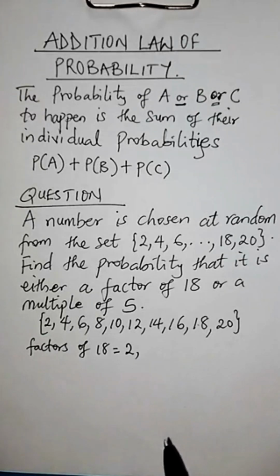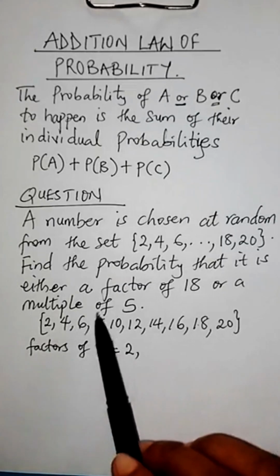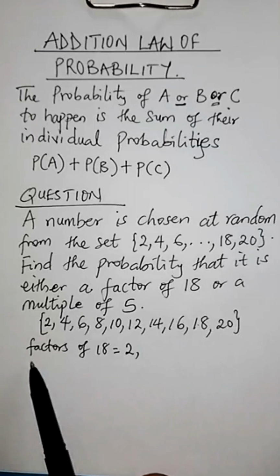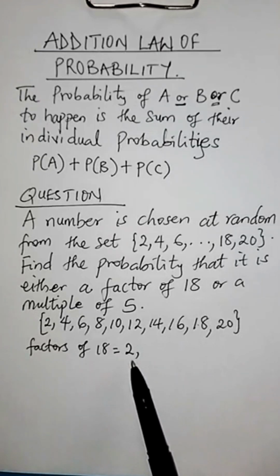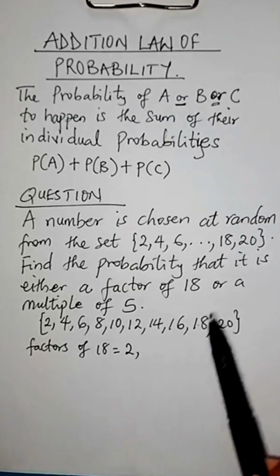For example, 3 is a factor of 18, but I don't need it here because the question says the probability that the number I chose is a factor of 18 from this set of numbers. So the numbers I'm going to write here as the factors of 18 will be numbers that are in this set, which are also factors of 18.